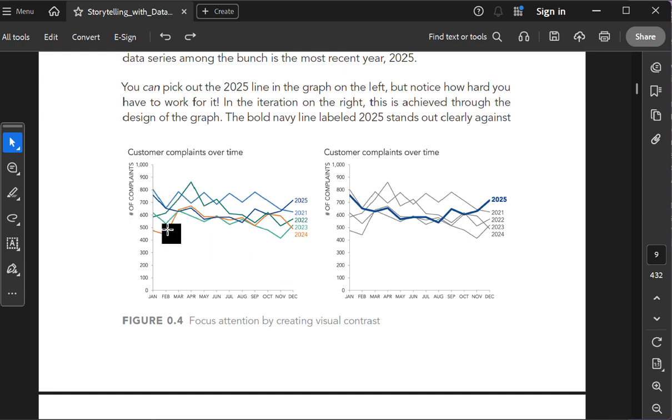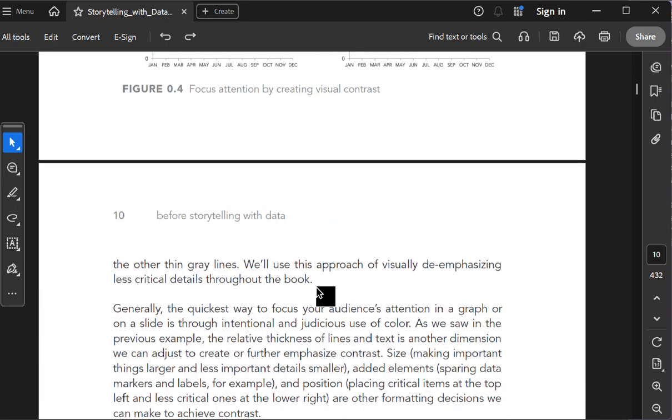And that is because here there are different colors and nothing is emphasized, versus here where the other colors have been grayed out, leaving only the data of concern or data of interest as the bold line. So showing your audience where to look is really important in making a presentation.